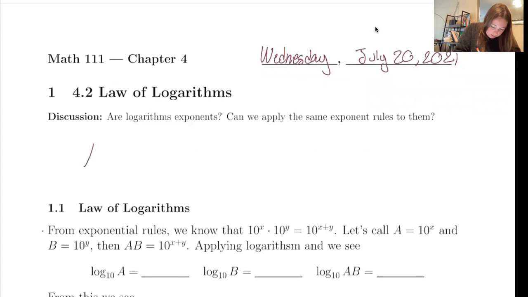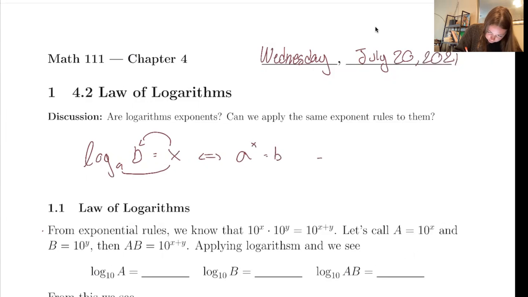So we saw in 4.1 that log base A of B equals X if and only if, remember the scorpion tail, A raised to the X equals B. So A to the X equals B. And then we can take another step and see that X equals log base A of B, so I can put that into the exponent: A to the log base A of B would equal B. And that is an inverse property that we saw last time.